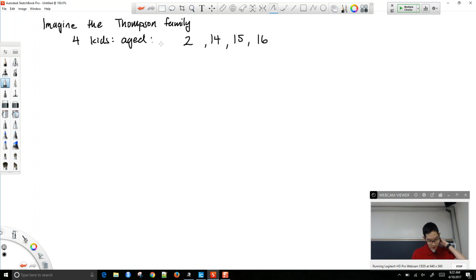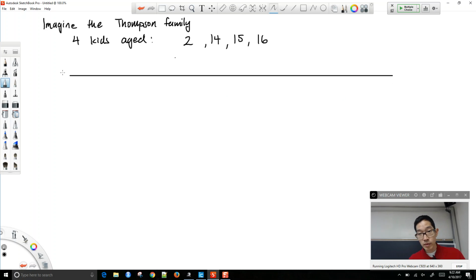Okay? We could make up a backstory for the Thompson family, but let's say this is what the children's ages are. And so we'll make a dot plot. Starting at 0, I'll go 1, 2, 3, 4, 5, 6, 7, 8, 9, 10, 11, 12, 13.